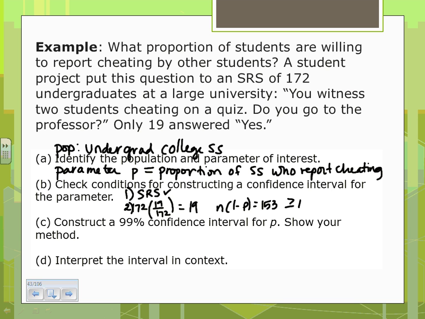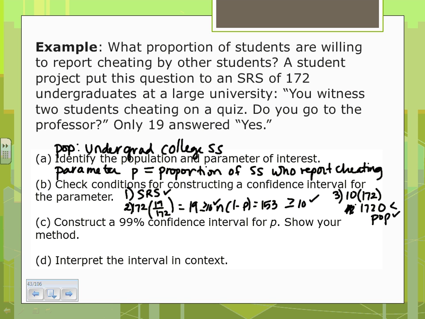Both are greater than or equal to 10. So it is normal. And third, is this independent? So let's do 10 times the 172. And do you have at least 1,720 in the population? I would assume yes, okay?